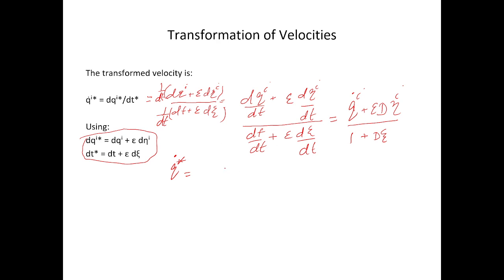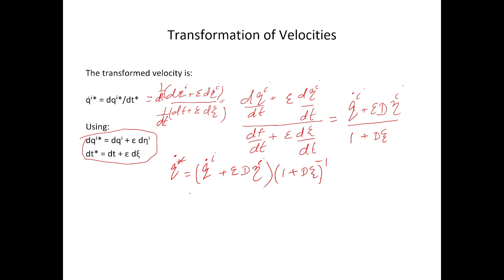We can write it as q i dot plus epsilon D eta i, multiplied by 1 plus epsilon D xi to the power minus 1.